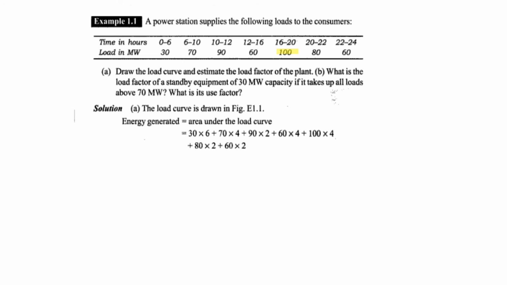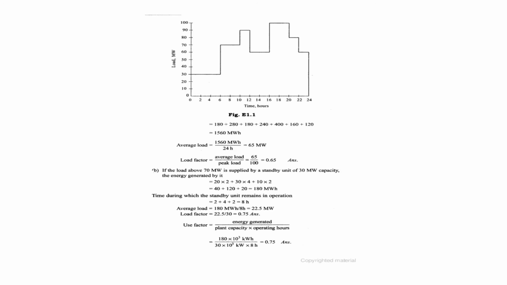From the load curve, we can easily calculate the energy generated. The energy generated is 30 times 6, 70 times 4 hours, 90 times 2 hours, 60 times 4. Likewise, we can calculate the energy generated, and the total energy generated will be 1560.